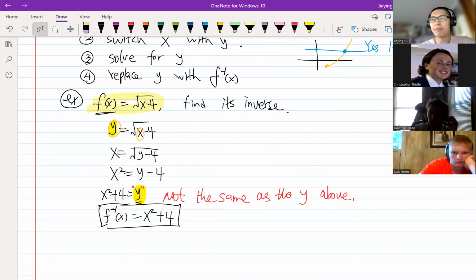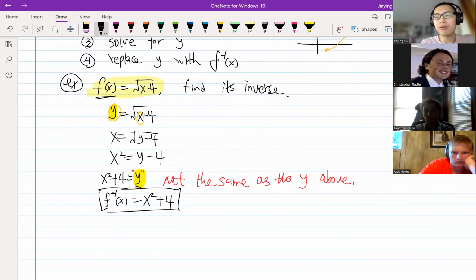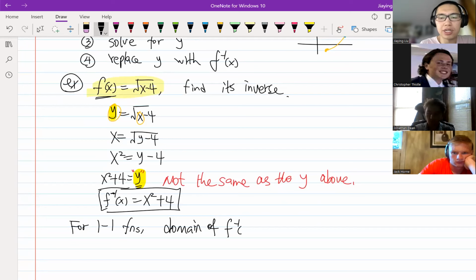Any questions? All right, so the next thing we're going to do is talk about the domain and the range of inverse functions. So for one-to-one functions, the domain of the inverse function is equal to the range of the f of x we started with.